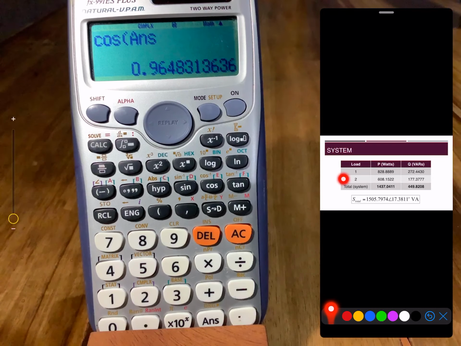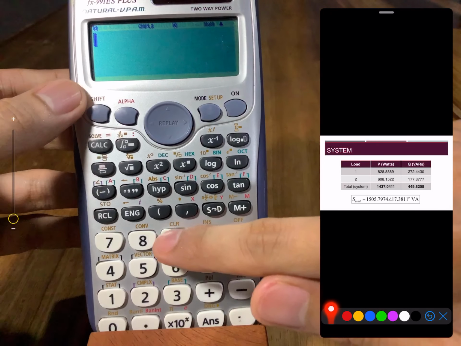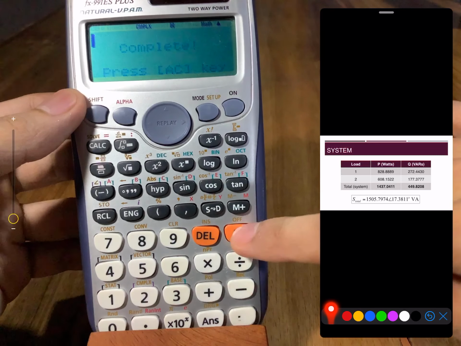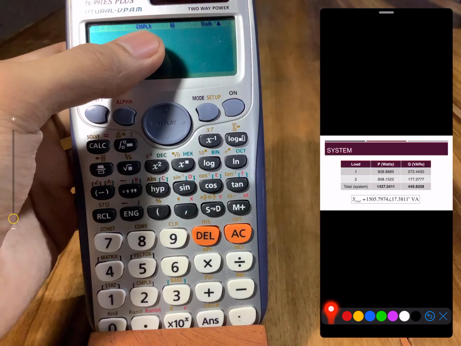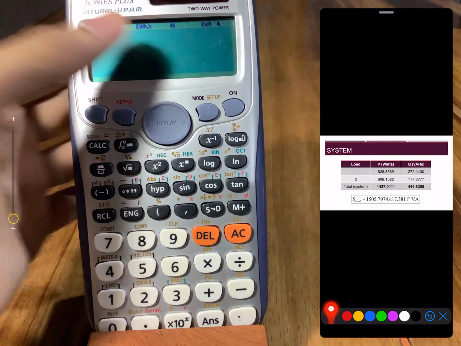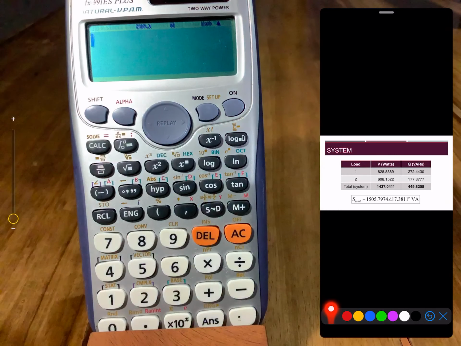For load 2, real power and reactive power. So before solving this problem, we have to reset first the memory, and verify or ensure that the calculator is in complex mode as indicated in the screen.